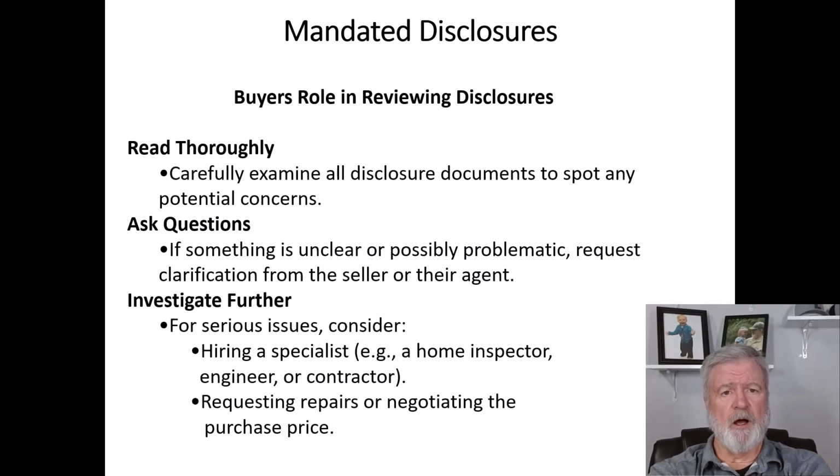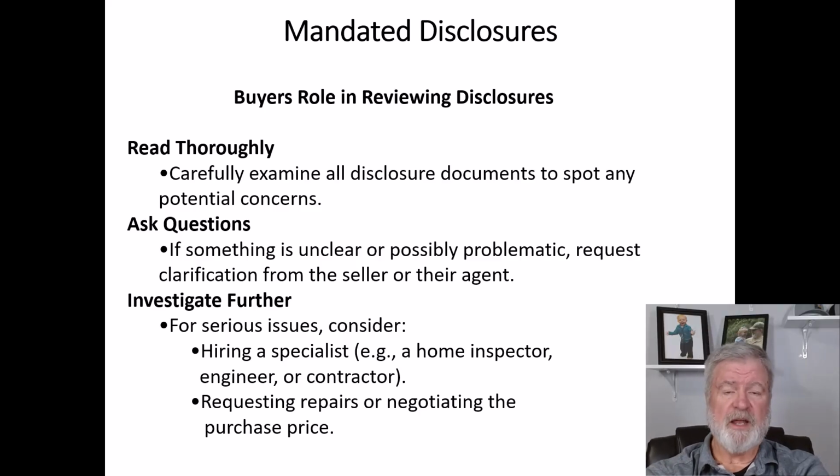Now, what's the buyer's role in all of this? We just talked about what the seller's role is in disclosing certain things. But buyer, here's what you better remember. And if you're the buyer's agent, you better make sure they know this. The seller is only required to disclose what they have knowledge of, right?